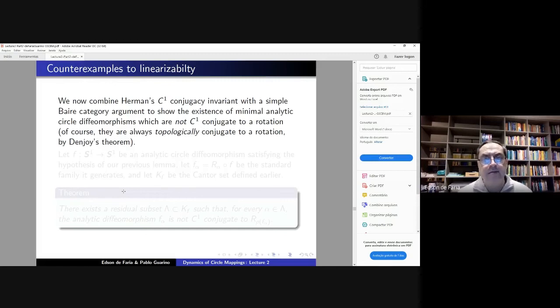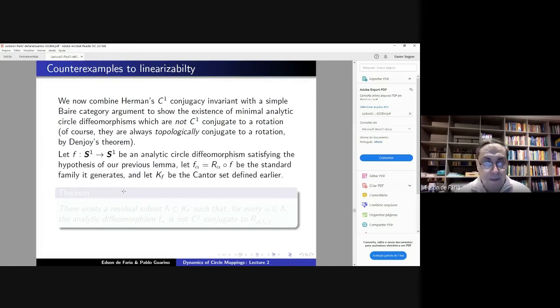It's very fast approximated by rationals. So, like I said, it's an indirect argument using the Baire category theorem. And we will also have an opportunity to use Herman's C1 conjugacy invariant. And this is the reason why I spent some time on it.